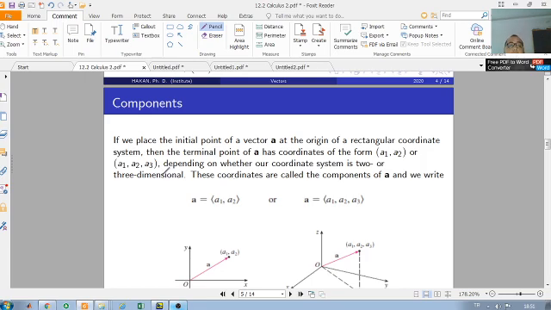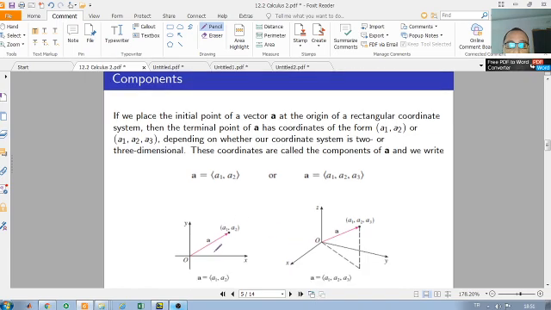So if we place the initial point of a vector a at the origin of a rectangular coordinate system, we place a vector in a two-dimensional coordinate system or three-dimensional coordinate system. So the terminal point of this vector has coordinates of the form a1, a2 or a1, a2, a3, depending on whether our coordinate system is two or three-dimensional.